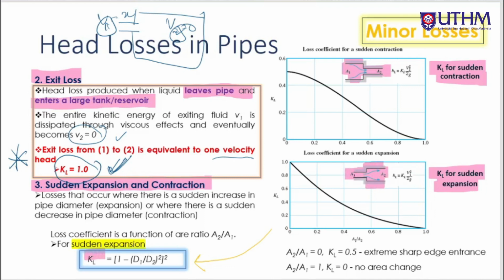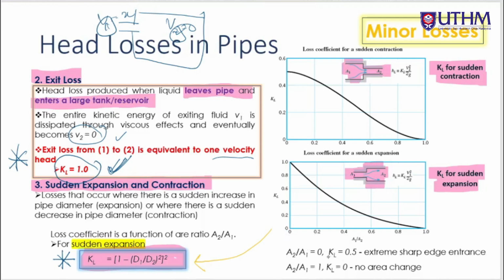This is the equation that can be used to calculate the value of the loss coefficient. It depends on the diameter at location 1 and location 2. This is an important equation to take note of if you would like to calculate the head loss due to sudden expansion or contraction.